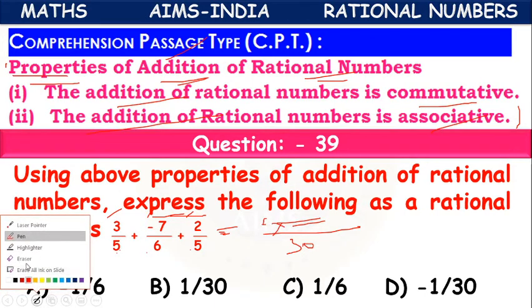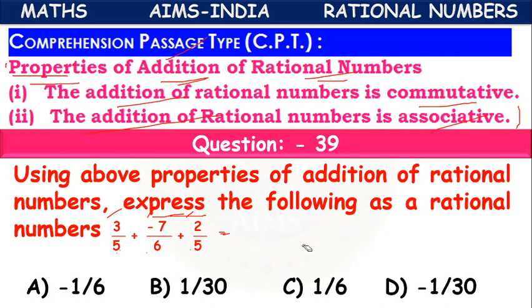So the LCM is 30. 5 times 6 is 30. 6 into 3, so 3 we have to keep here. Next plus, with 6, 6 times 5 is 30, into, what is the numerator? Minus 7. Again we have plus here, 5 times 6 is 30, numerator 2.